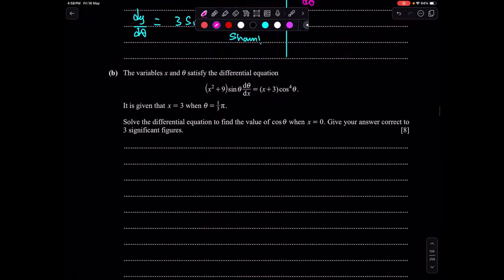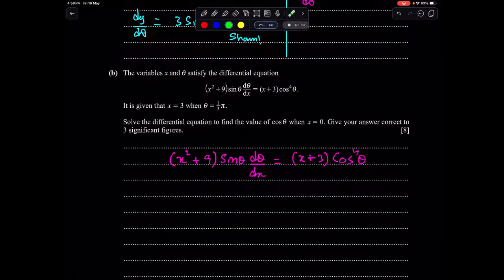Now the part B, solve this differential equation. So first we need to do separable. First copy the equation, then do separable. Now shift dx on other side with x square plus 9 and bring cos power 4 theta on left side.